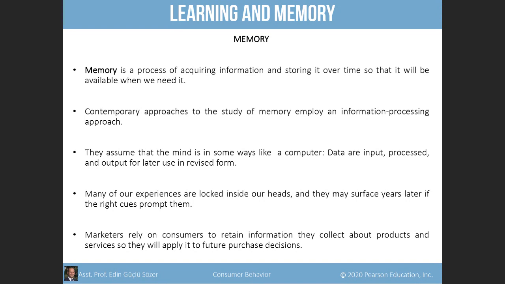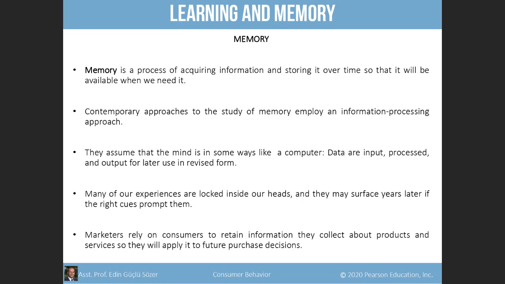So let's define memory first. Memory is a process of getting information from the outside world and keeping it in our brain, and then taking it out or calling it back when we need it. So it is a process.